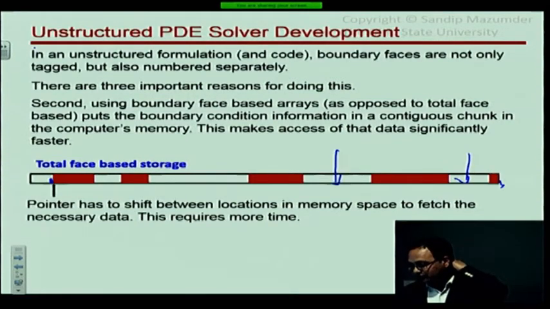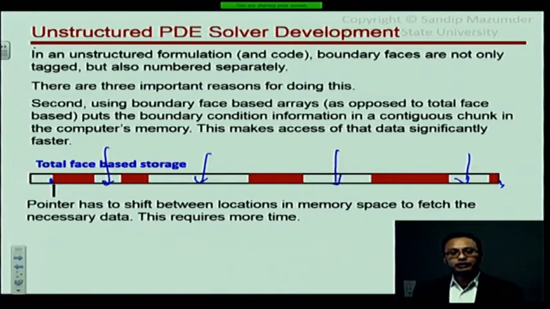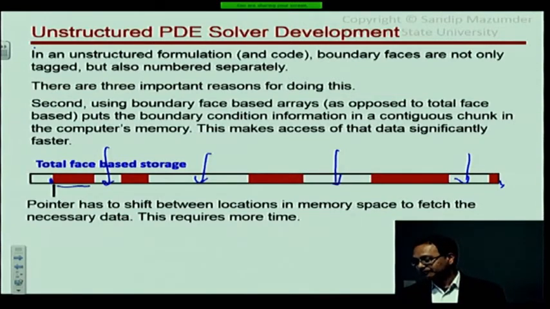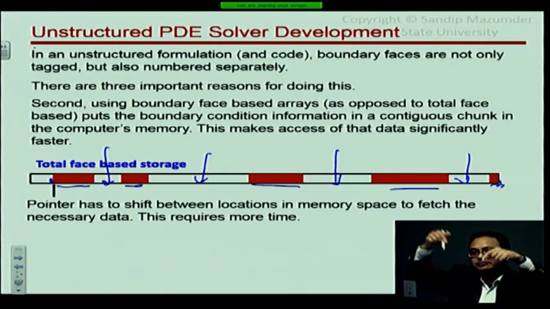Why? Because those gaps are for the interior faces where there is no boundary condition, nothing there. The boundary condition information are these red slots. Those have been filled with boundary condition information. But you've allocated memory for the total number of faces. So it's a huge one-dimensional chunk of data with lots of gaps in it.